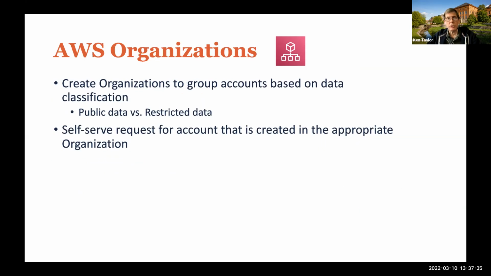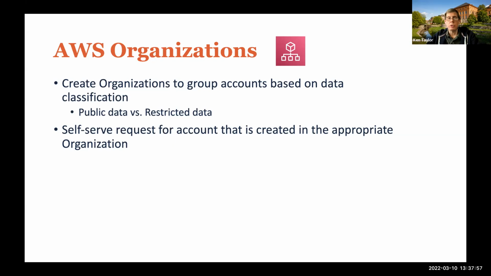But I wanted to also touch on how we're using AWS Organizations to now manage our accounts. And so Clifford talked about his environment. We're using AWS Organizations to start grouping accounts according to their use case based on their data classification. We're just finishing up the public data OU.